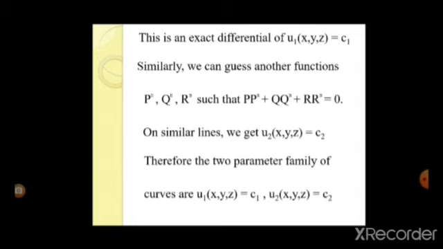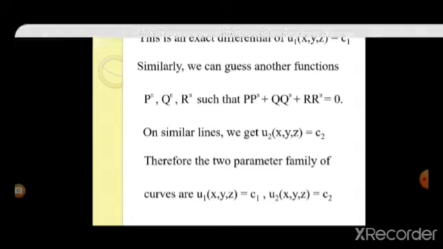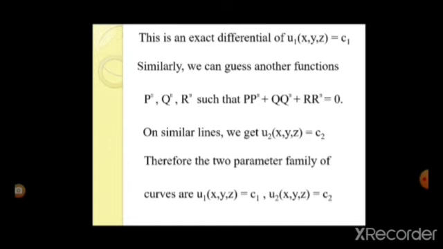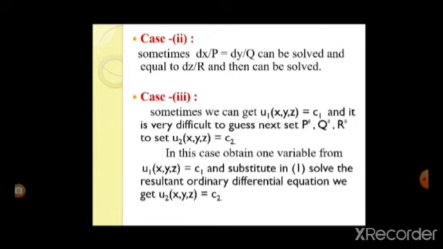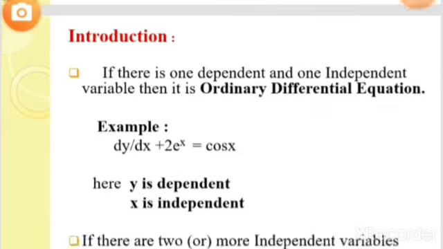On similar lines, we can get u2, the other family of curves, that is u2(x, y, z) equal to c2. Therefore, while writing these two together, we can get the general solution.